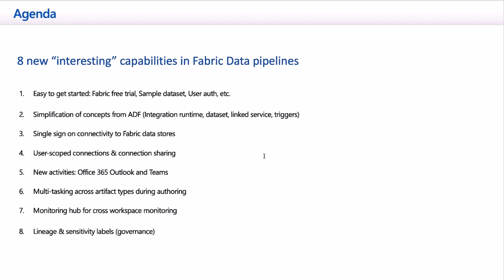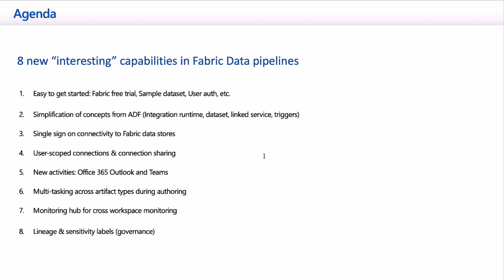So we'll start off with easy to get started, which makes it super easy for new users as well as existing Data Factory users to get started with. Things like the Fabric free trial, which means earlier in the Azure world, you had to sign up with a free Azure subscription trial.